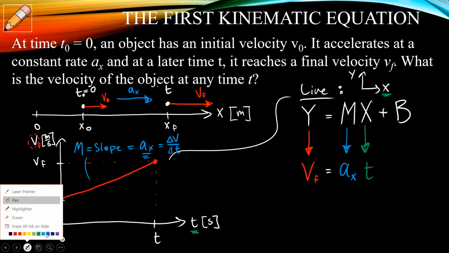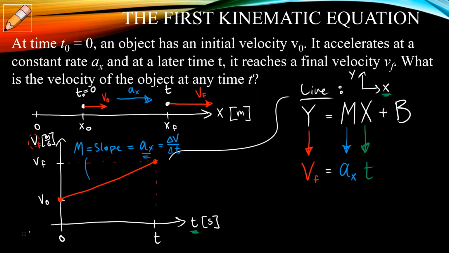And then the last thing that we want to look at is b. In this equation, b represents the vertical intercept. In a math class, it represents the y-intercept. You've got some object, b is that point right there. It's the y value where you cross the y-axis.